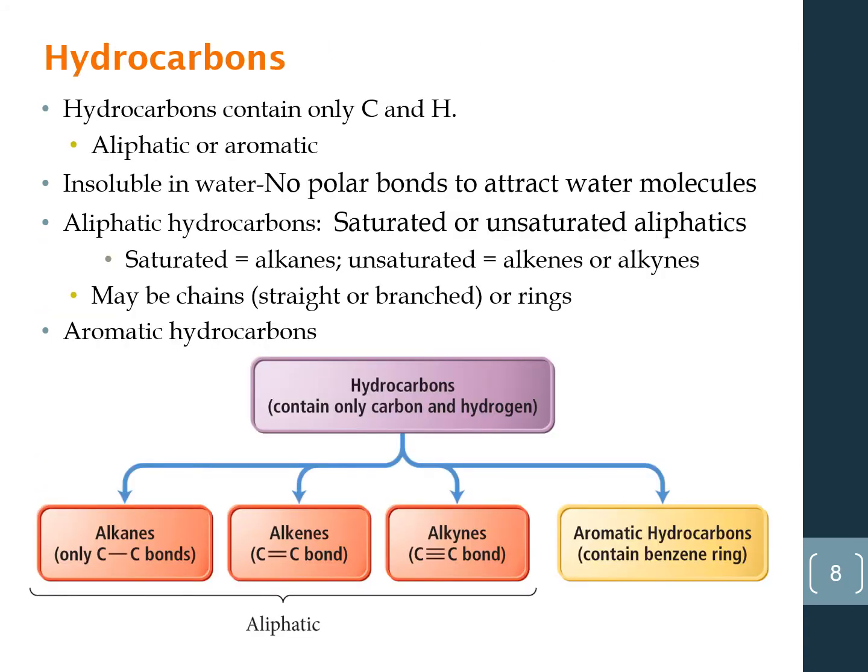Starting with the hydrocarbons. Hydrocarbons are your organic compounds that are composed entirely of carbon and hydrogen. That's why they are hydrocarbons. So there's nothing else there. Only carbon and hydrogens. You can have single, double, or triple bonds, a combination of them, but only hydrogen and carbon.